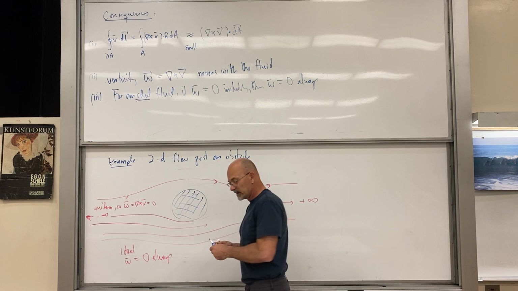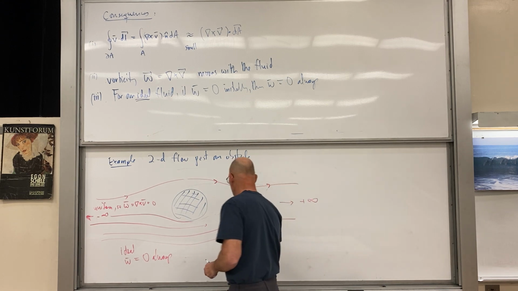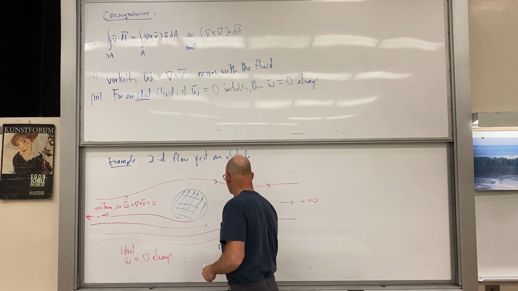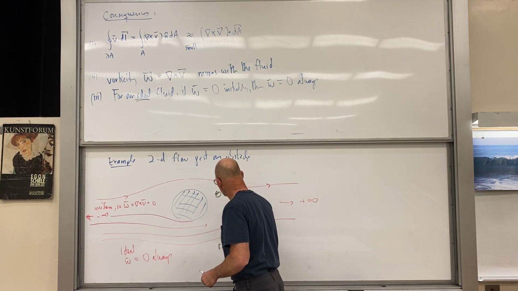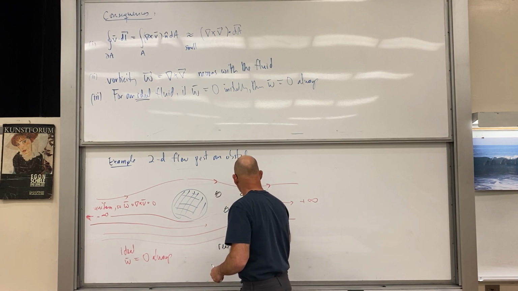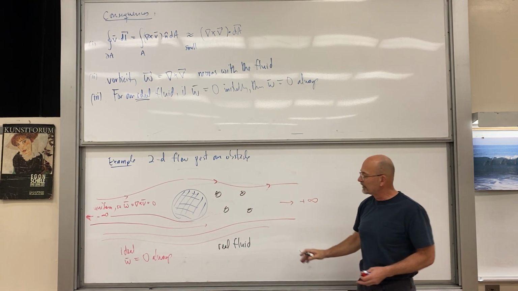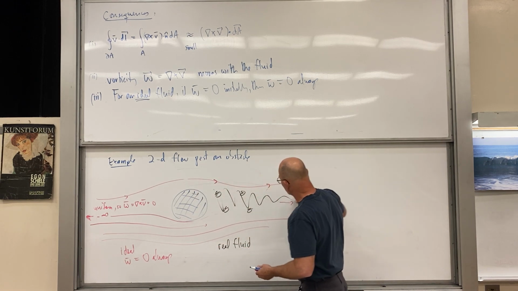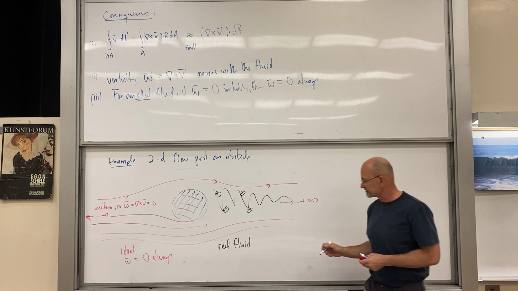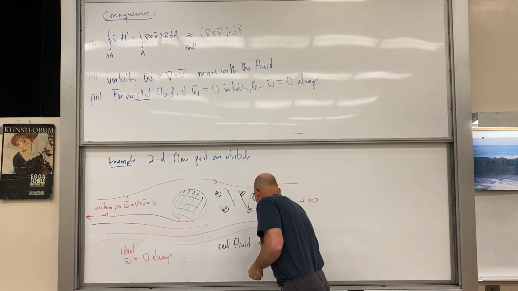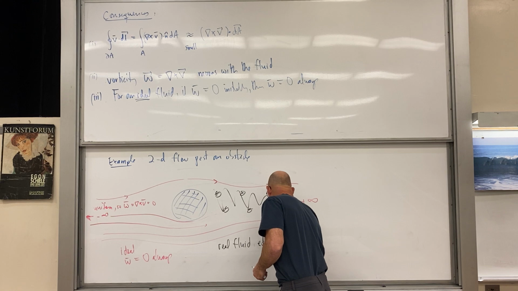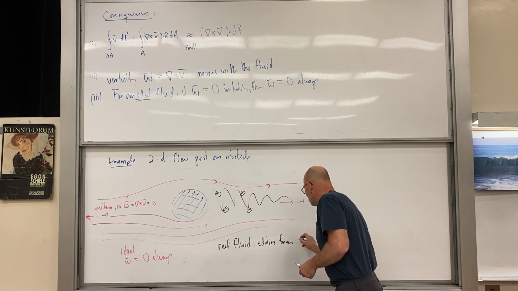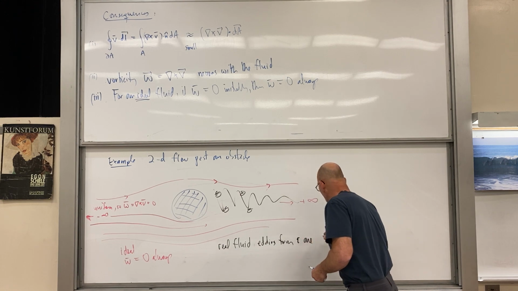But the real fluid, here I'll use another color, real fluid is that little eddies are formed here, and they'll actually be carried downstream, and as you increase the flow speed, you can even get some serious turbulence here downstream. Real fluid eddies form and are carried downstream.